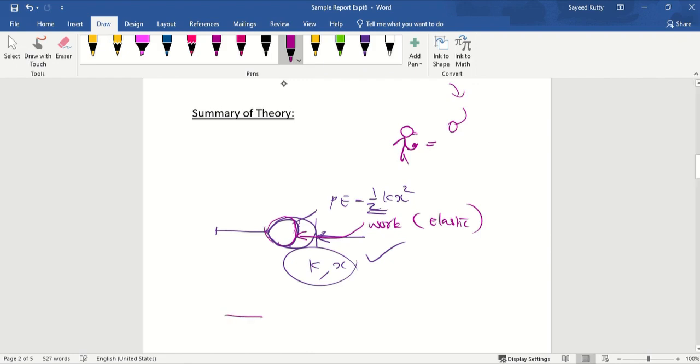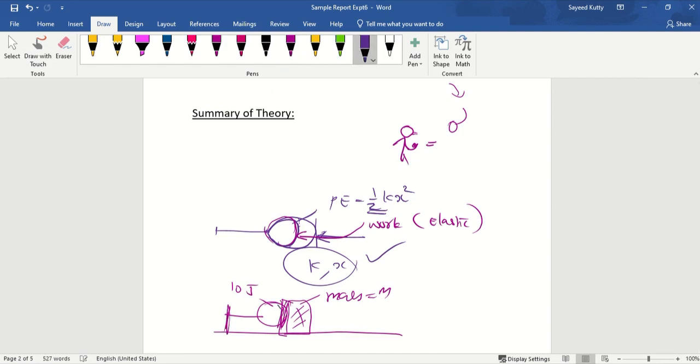In our experiment setup, we have a frictionless track. Here, I'm going to keep a cart of mass m. Imagine when I compress this spring, the spring stores some energy. Let's say the spring stored 10 joule energy. From where is it stored here? From my energy.